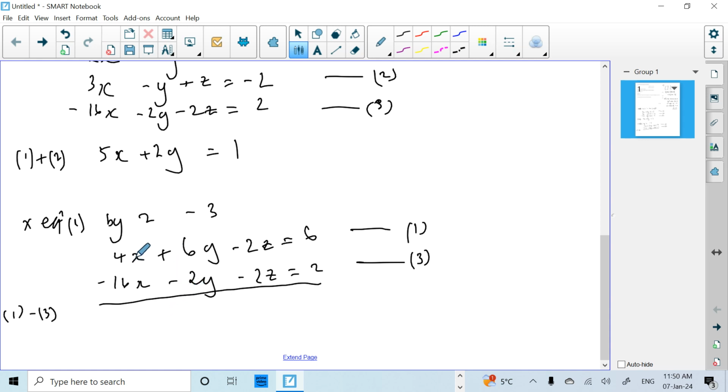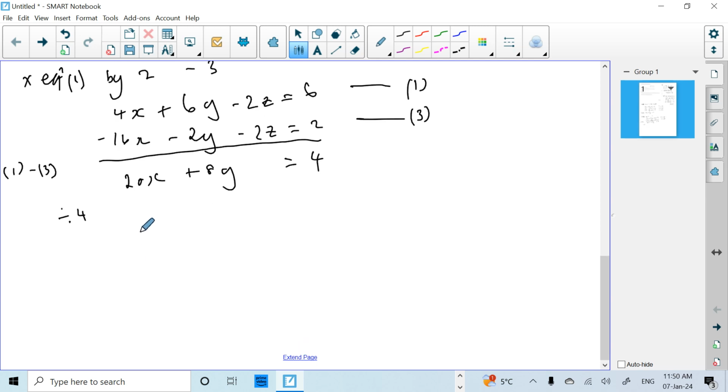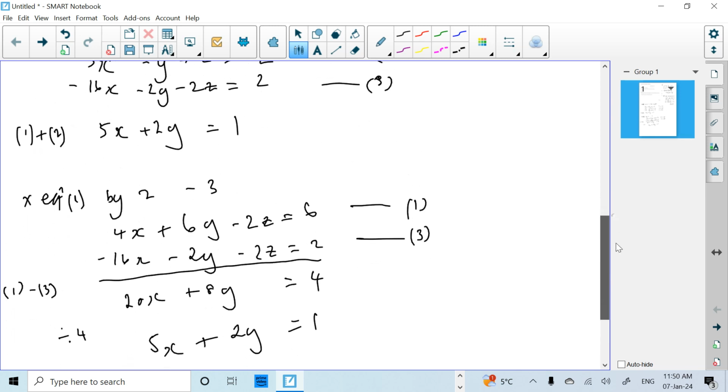So 4x minus 16x gives me 20x, and 6y minus 2y gives me plus 8y. The z's are eliminated, and that's equal to 6 take away 2, which is 4. Divide through by 4, that's nice, that gives me 5x plus 2y is equal to 1. And that's the same as what I had before.